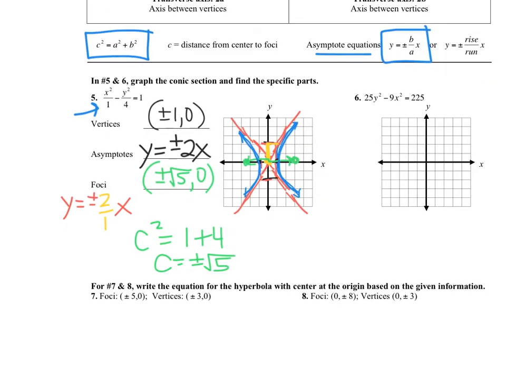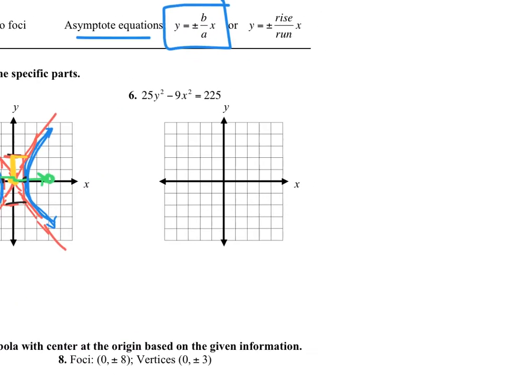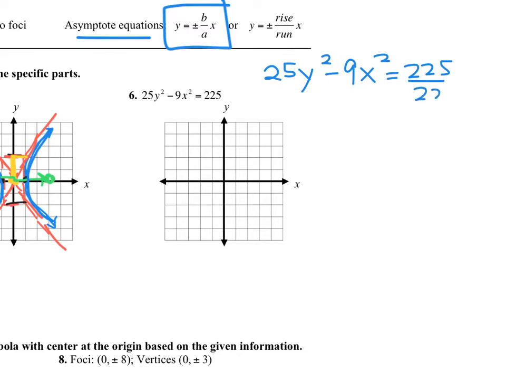All right, number 6. First thing you need to do on number 6 is write this equation in standard form. So we're going to take everything here and divide everybody by 225, so that our equation equals 1. That's our standard form equation, equals 1.